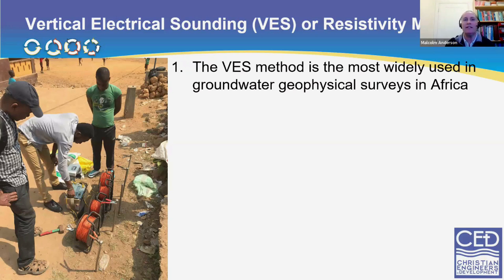Essentially, it comprises 2 outer electrodes where current is put into the ground, and then it passes through the ground to the other one on the outside. And then the 2 electrodes near the middle measure the potential difference. And the instrument then calculates the resistivity from the combination of the measured current and the measured potential difference.